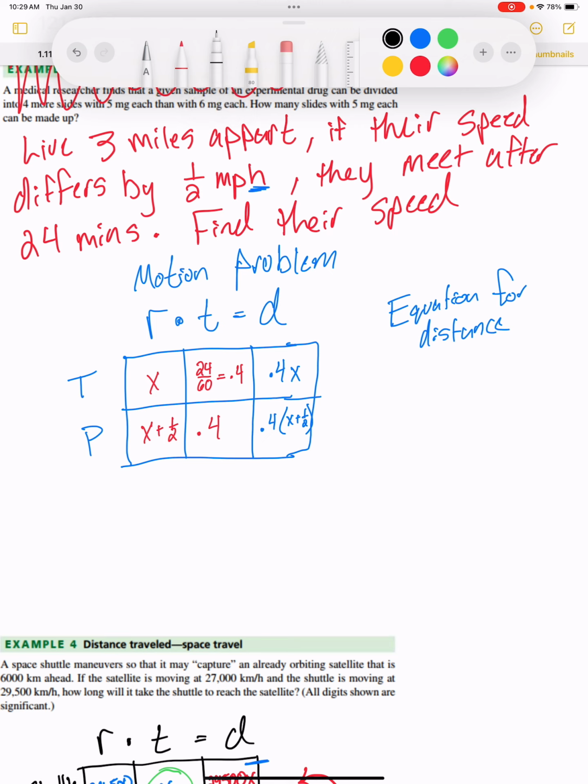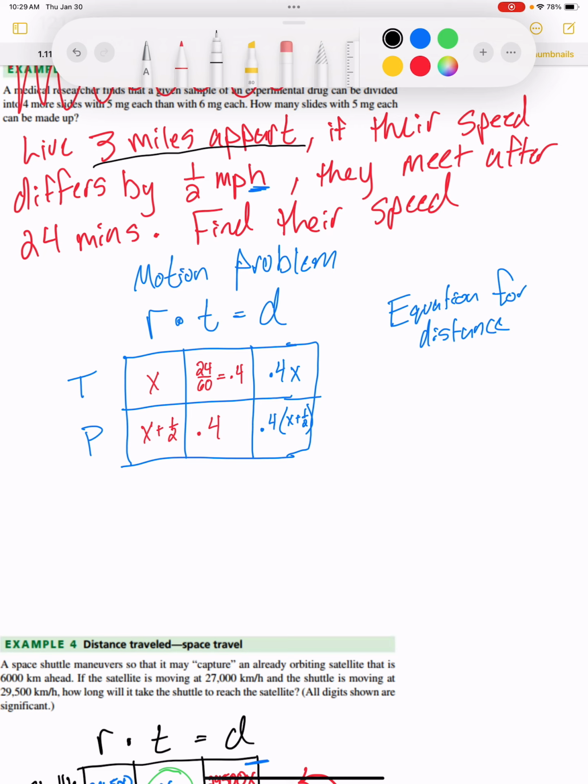Well, how far have they walked? Well, they live 3 miles apart. So how far have they walked? Well, I don't know. But I do know that if I add the distances they walk together, when they meet each other, that will have totaled 3 miles, because we know that they live 3 miles apart.